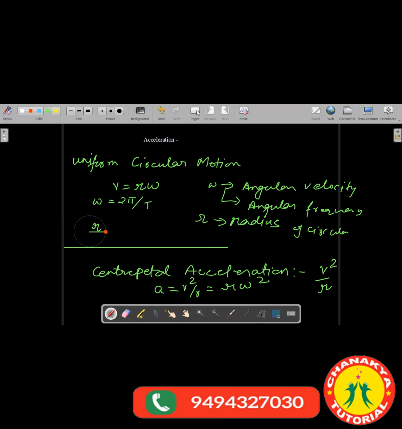Wherever you have acceleration, a force will be required, and hence you can obtain the value of force, which we call centripetal force. Our centripetal force would be given by m v squared by r. This is the value of centripetal force.